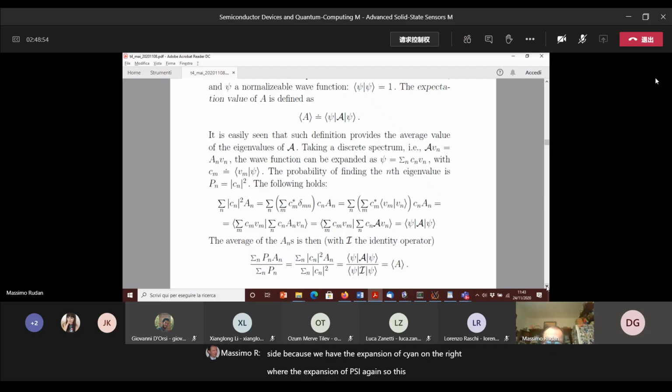So this demonstrates that the definition of the expectation value that we started from is exactly the average value of the eigenvalues.